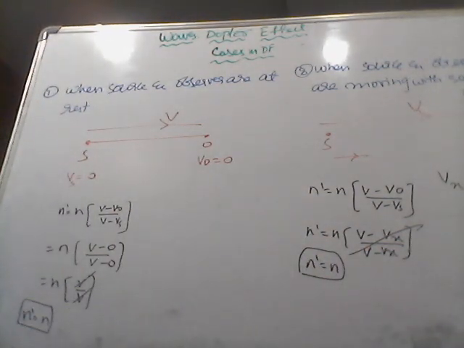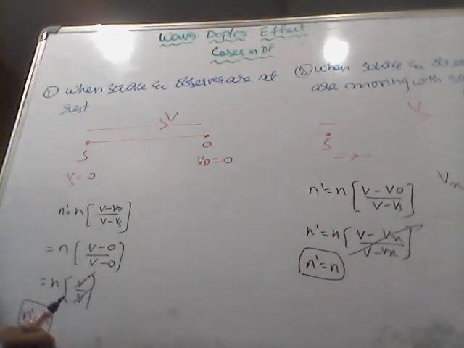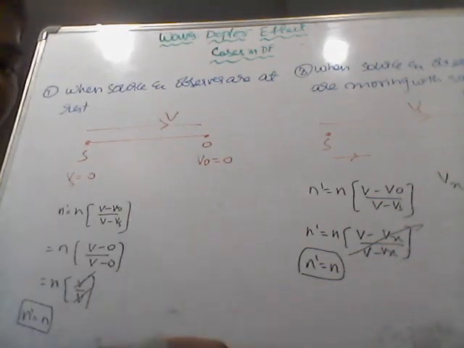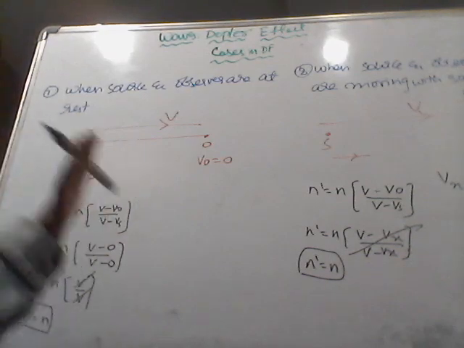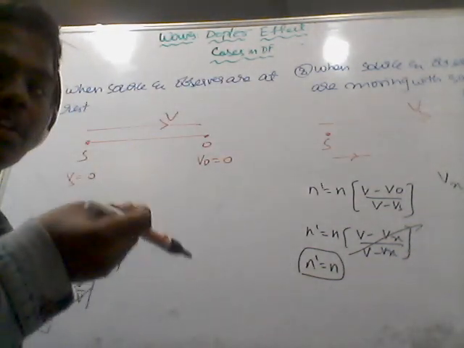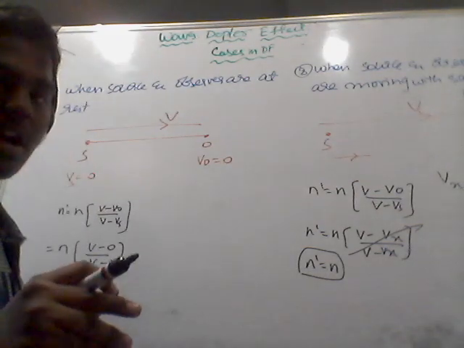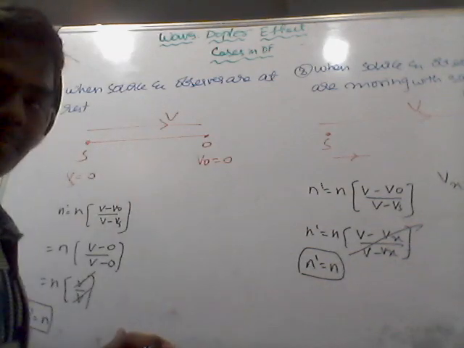So what is n dash and n? N dash is the apparent frequency, or the frequency heard by the observer. N is the frequency produced by the source. Here also, whatever is produced by the source, the same amount of frequency is heard by the observer. So here the Doppler effect will not come into picture.